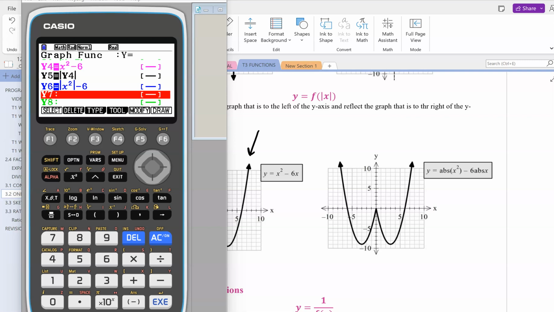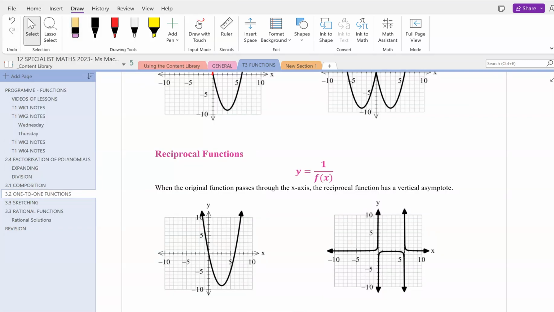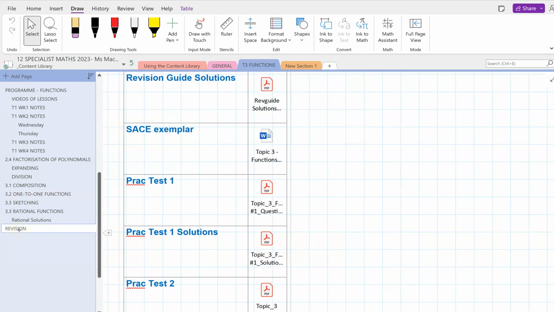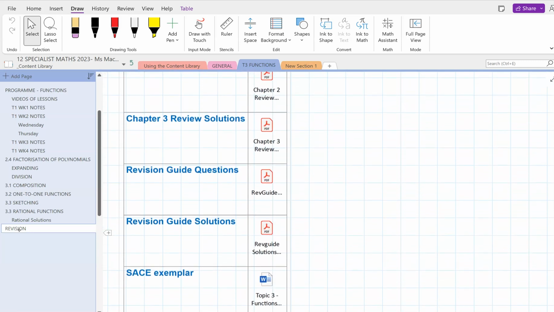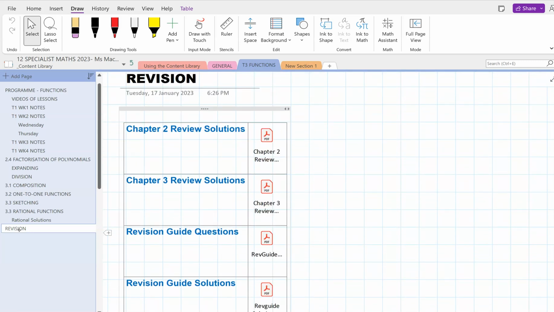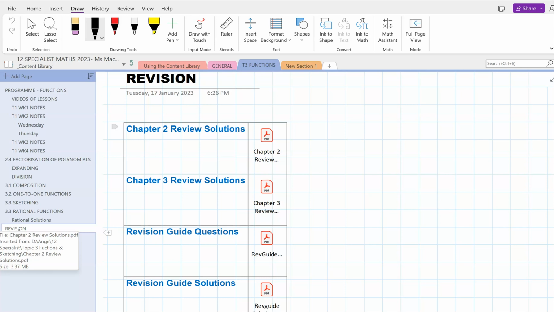Anyway, okay, so Brody's eyes will light up because he asked me last week, can you give me some of the previous templates? So if you look now at revision, we've got a fair bit of stuff for you to do. We've got review solutions of chapter 2. But they're the work solutions. Now, I'm not asking you to do every single question from chapter 2. You will pick some.